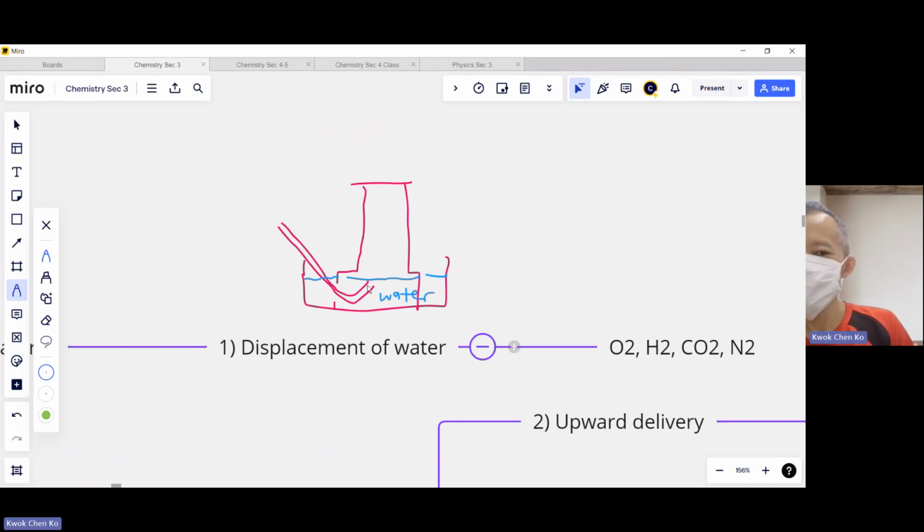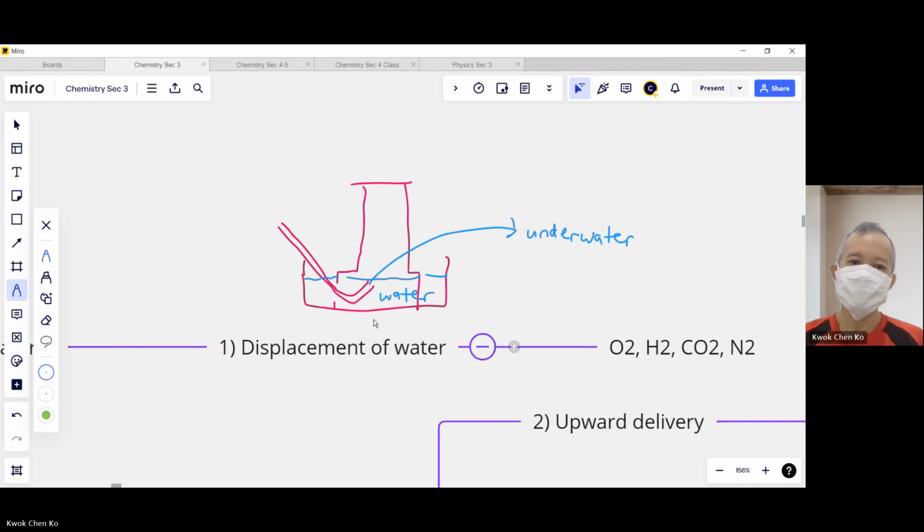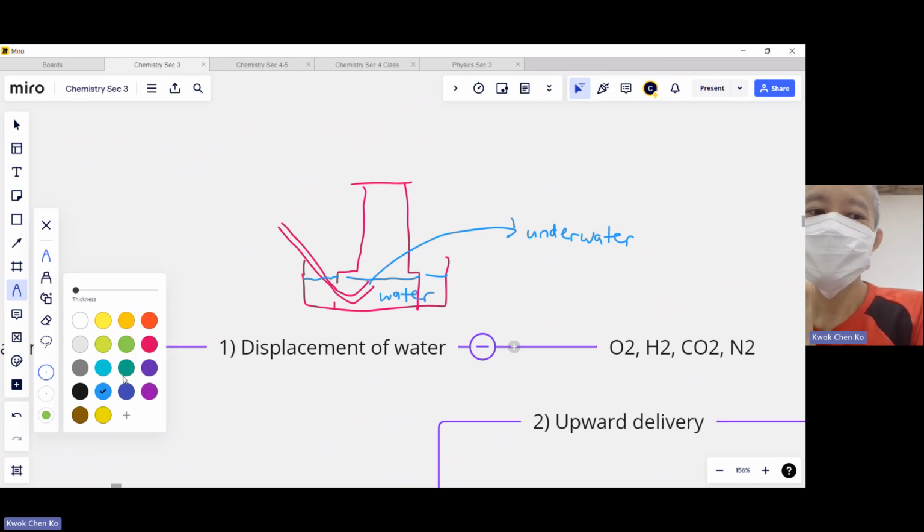Okay, the important thing is this, your tube must be underwater. Try not to touch the surface, because you want your gas to go through the water. That is the important thing. So, of course, your gas will get collected here.